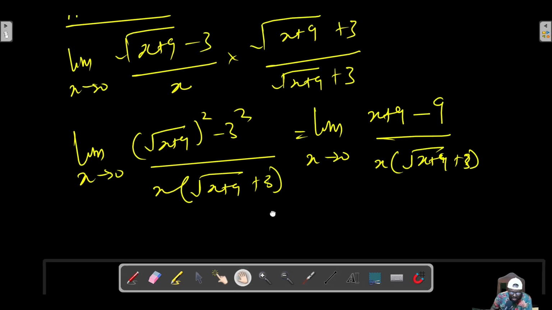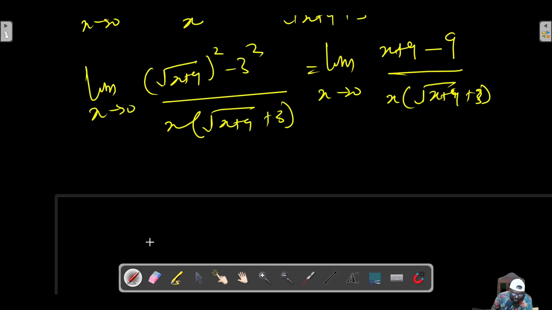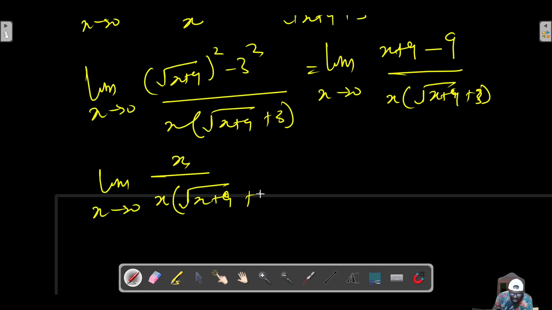From here we end up with the limit as x is approaching 0 of the expression x, because 9 minus 9 is 0, so x, divided by x multiplying root of x plus 9 plus 3.